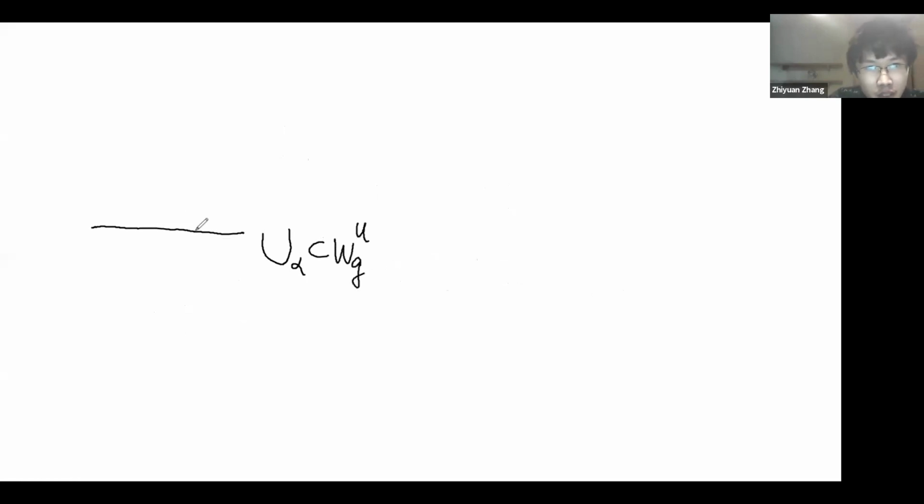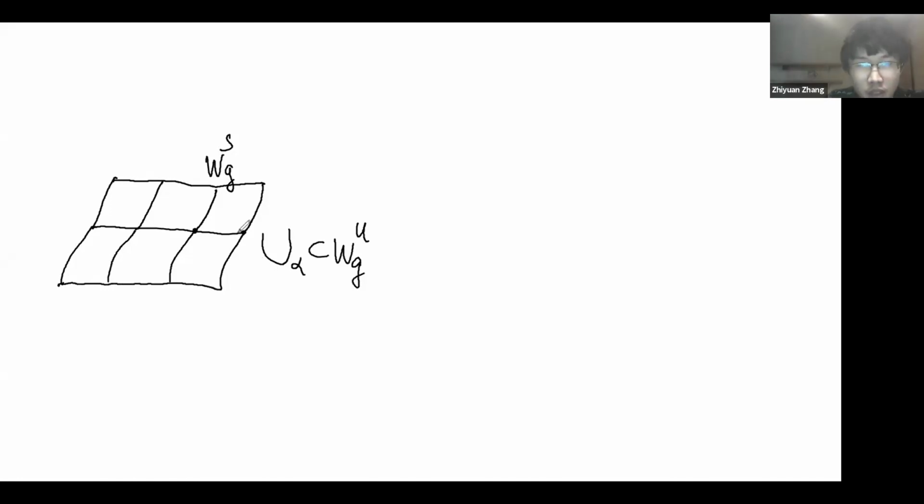And then on each point of this local unstable manifold, you consider a piece of local stable manifold. So this is not a smooth object. Usually this is only a Hölder object.